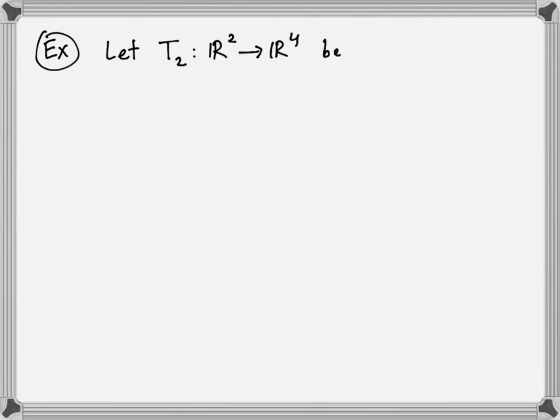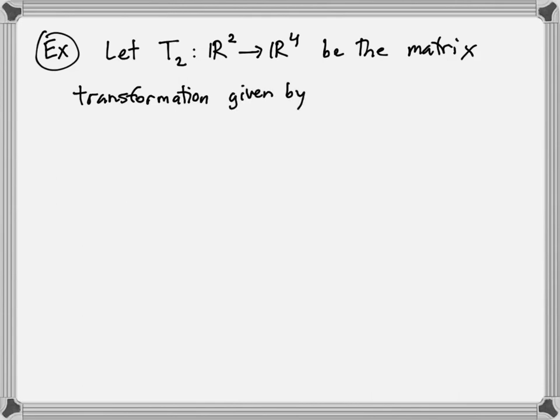Let this guy be the matrix transformation given by the following 4 by 2 matrix: 2, 3, negative 5, 0, 1, negative 1, 3, 4.